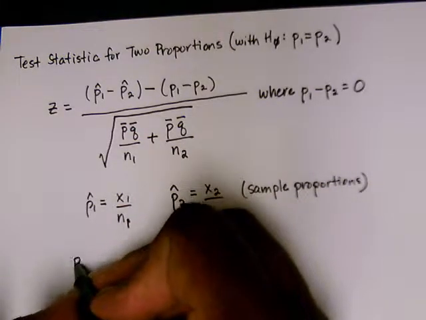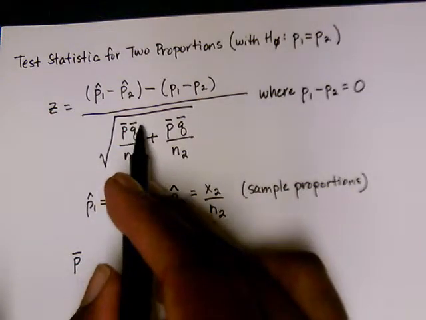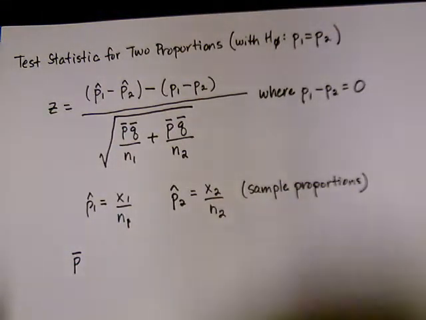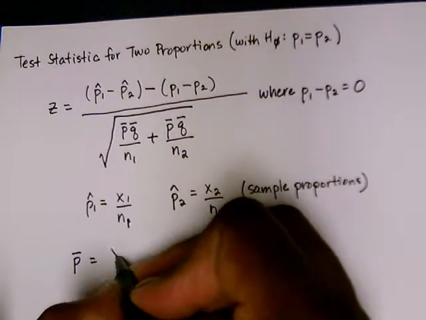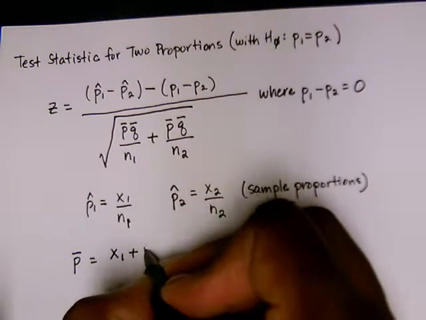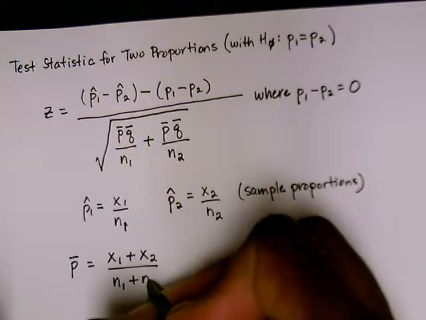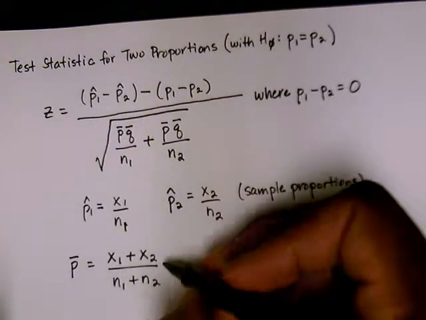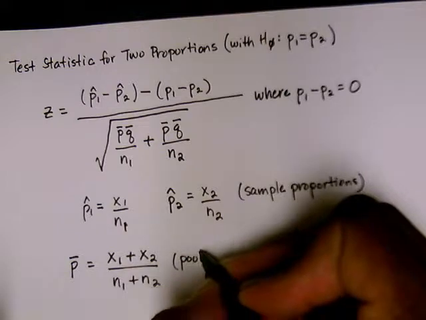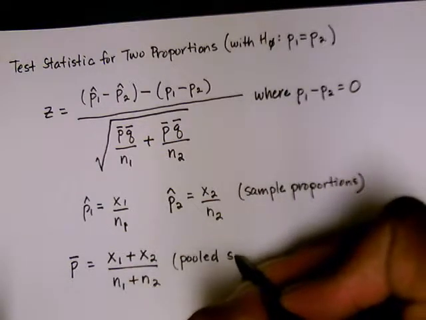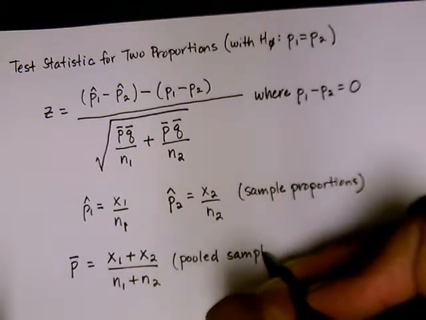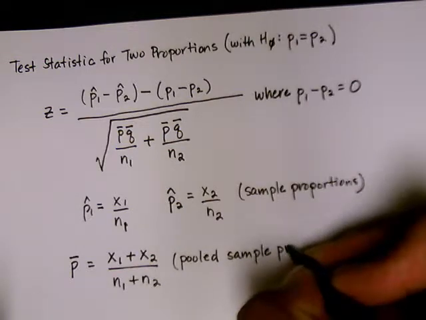But this P bar that you see in the denominator here, that's going to be equivalent to x1 plus x2 divided by n1 plus n2. We call this the pooled sample proportion.